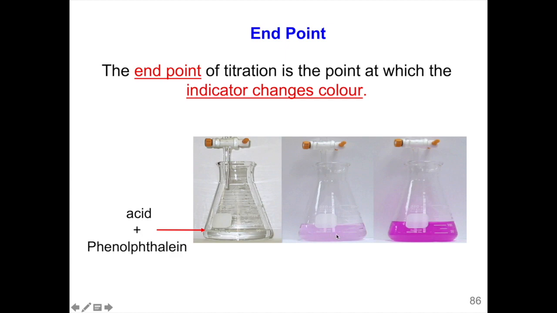Initially the color of the solution in the conical flask is colorless, but after that the solution starts to change to pale pink. So we stop the titration immediately, and this point is called the endpoint of titration. But if you continue to put the base into the conical flask, you will get a deep pink, and this is past the endpoint.